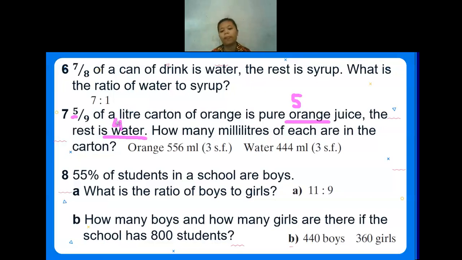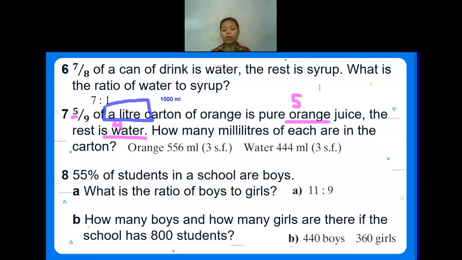And if the question says a liter, it means we already have the total. The total is 1 liter. We can change 1 liter into milliliters. 1 liter is equal to 1000 milliliters. This is already the total, so we take the ratio for the total.